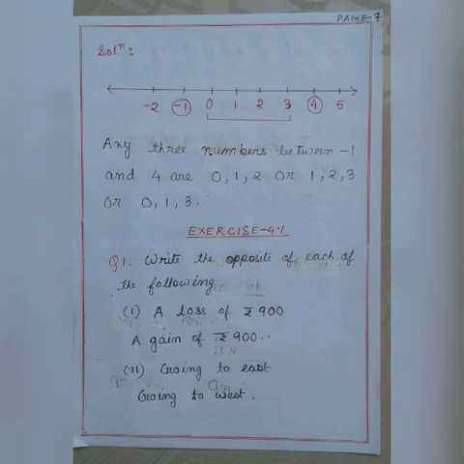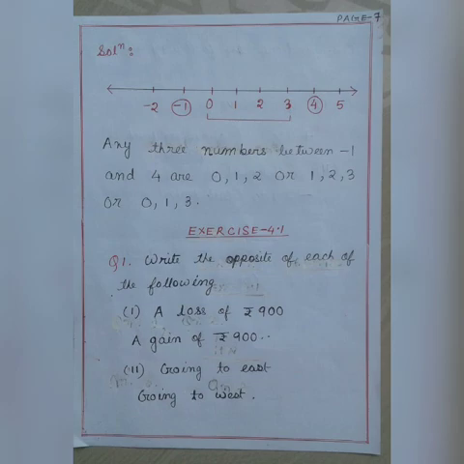So I shall write a gain of rupees 900. Question number 2. Going to the east. The opposite of this statement will be going to the west. You do homework from question number 1 and 2 as I have given you as homework.